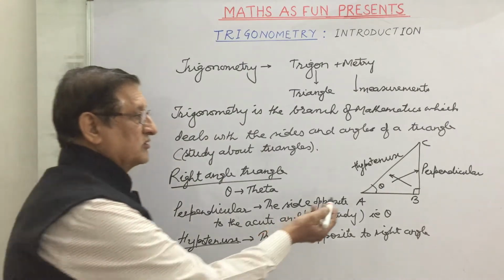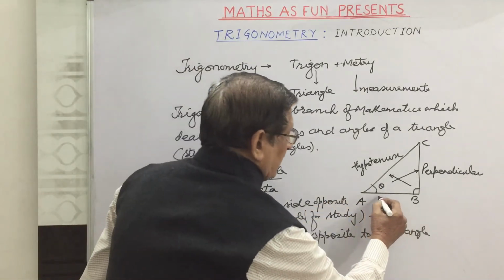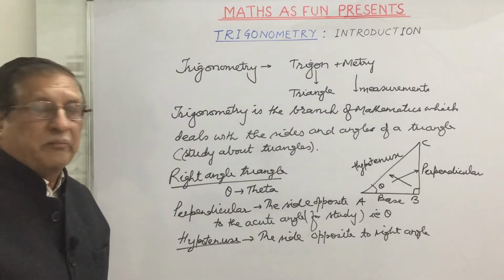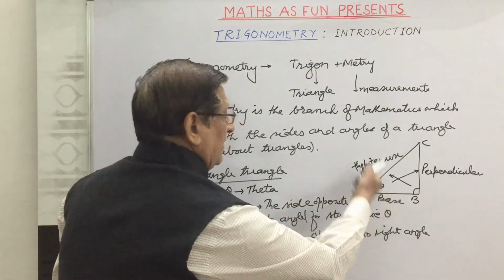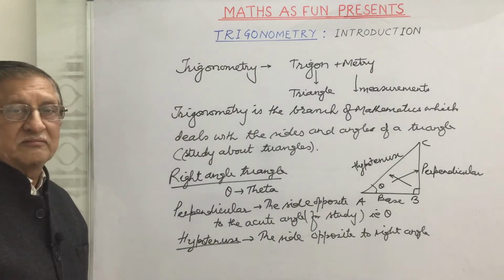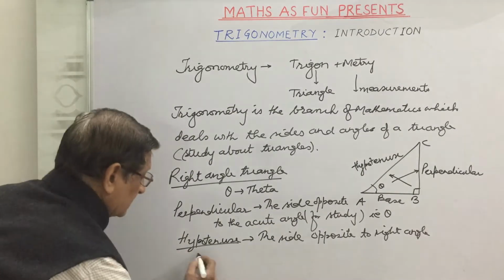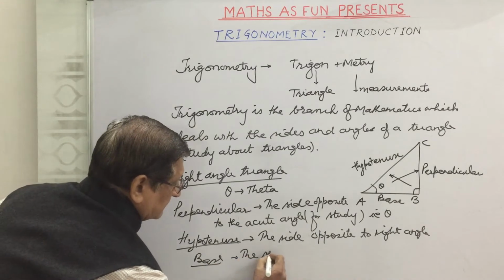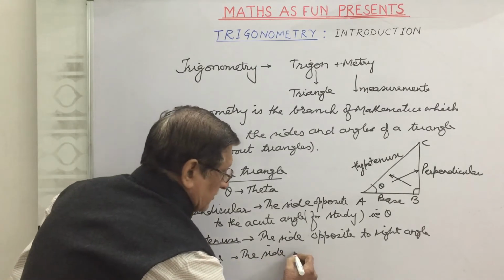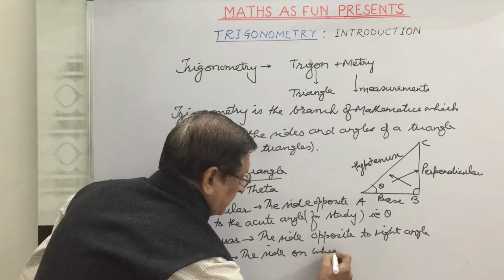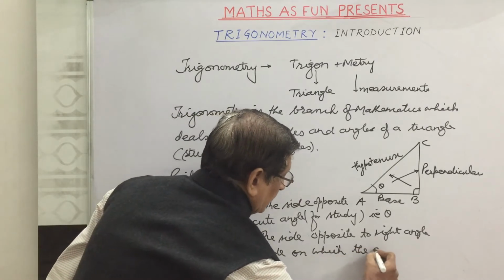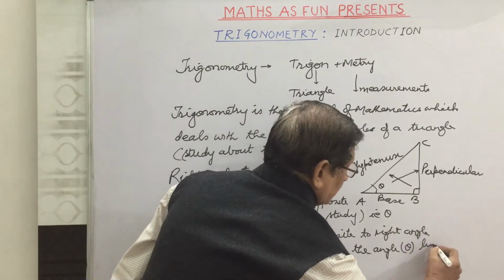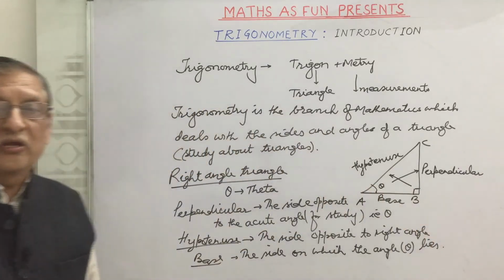And what do we say about the third side? The third side we call the base. What is the base? Base is the side on which this angle, that is theta, the acute angle, lies.